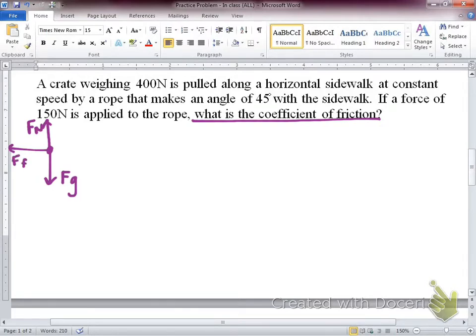Our applied force in this case, is it being applied horizontally or at an angle? Yes, it's being applied at an angle. So now we've got a force that's applied, 150 newtons, but it's applied at a 45-degree angle, which means we need to break it down into F applied x and F applied y.